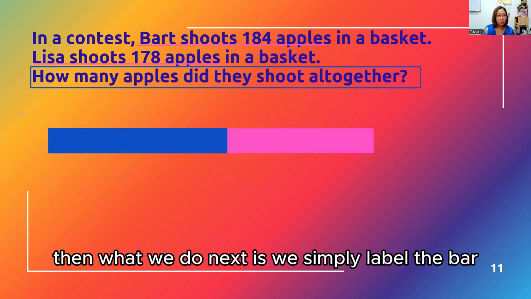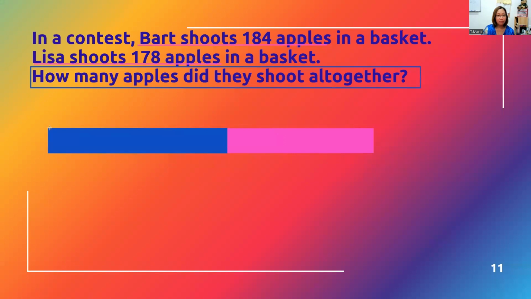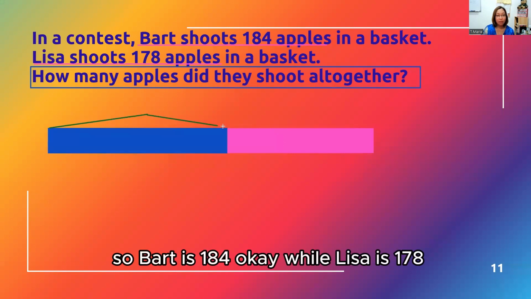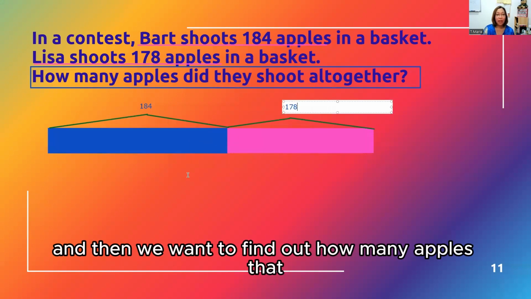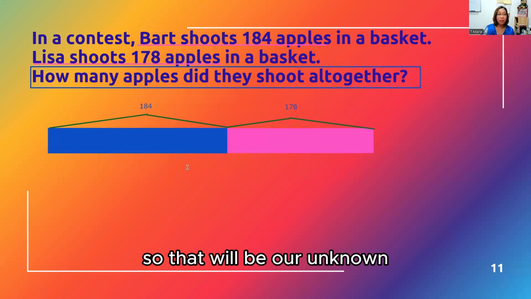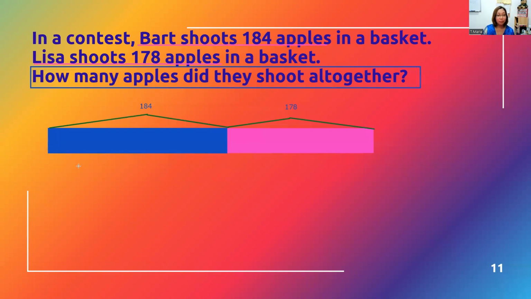Then what we do next is we simply label. So Bart is 184, while Lisa is 178. And then we want to find out how many apples did they shoot all together. So that will be our unknown.